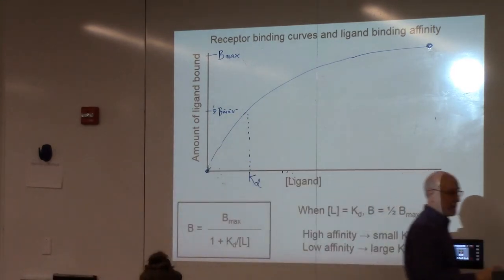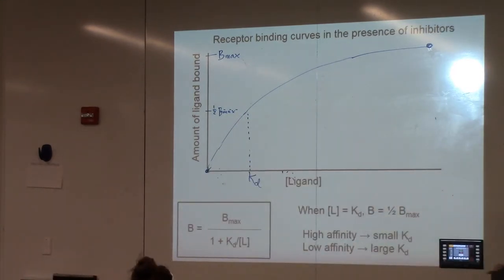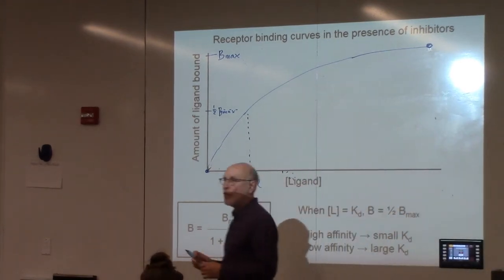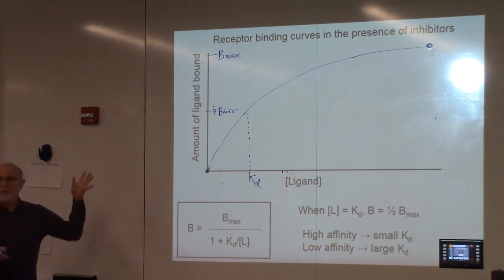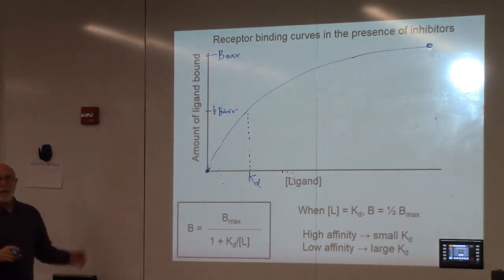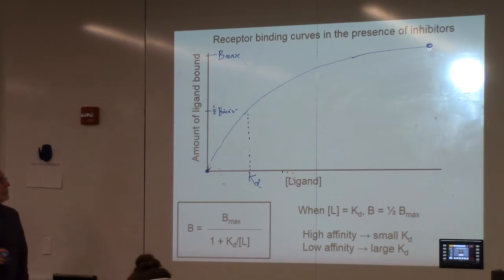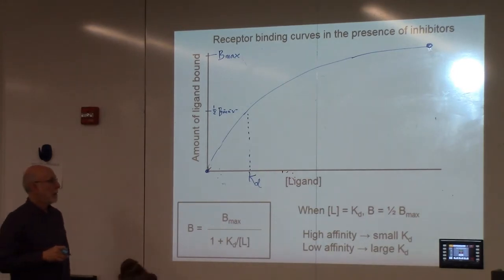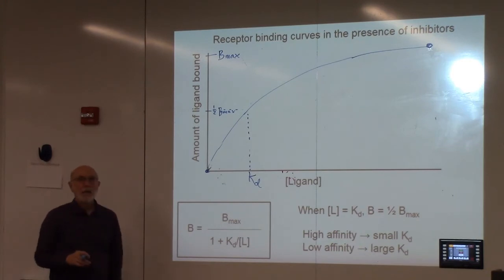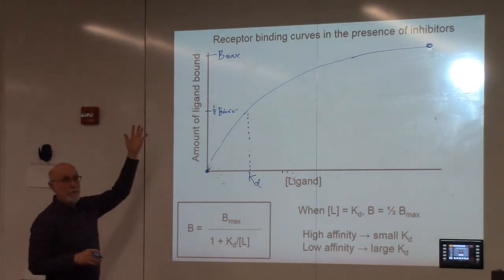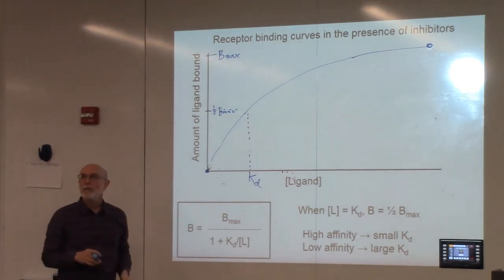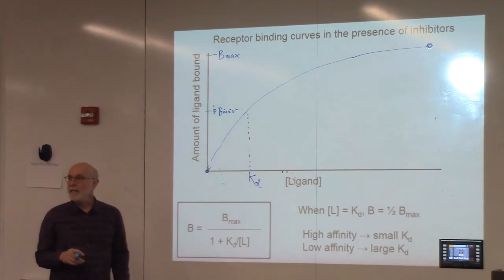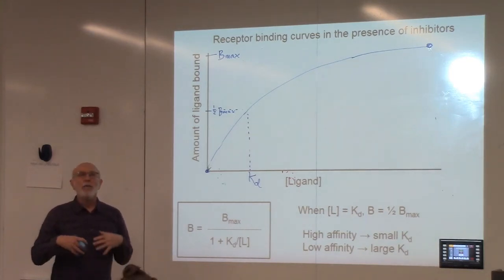Actually, we'll go to the next slide, because now we're going to talk about inhibitors. Now, I didn't print this one out for you, but you'll have room on your handout to start a new plot the same as the one that you've just been working on. So everything is the same now. We've got a receptor, we've got a ligand. The receptor has a Vmax, and it's got a Kd.